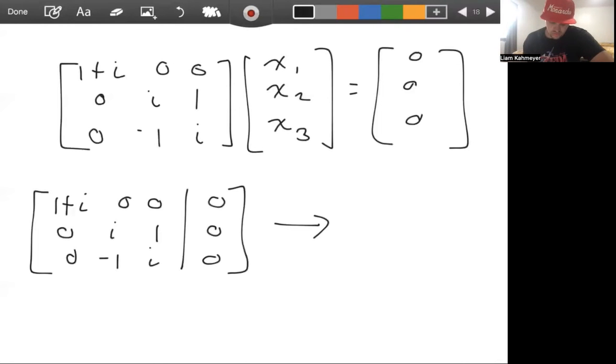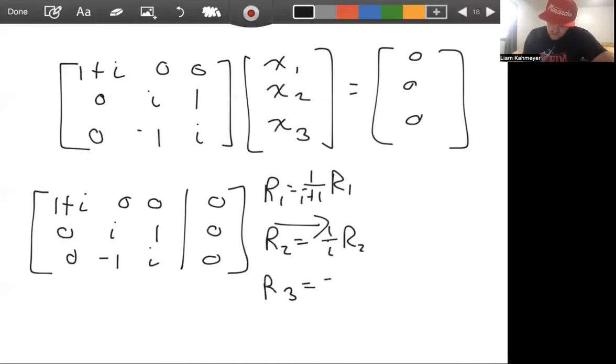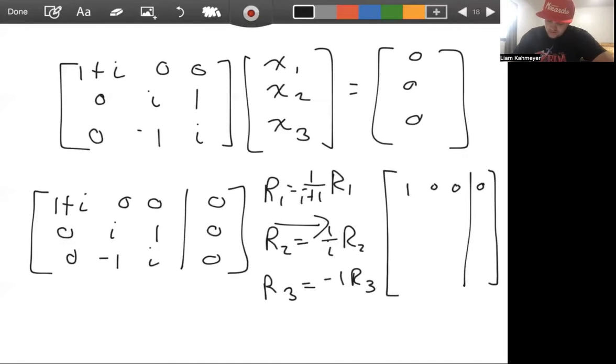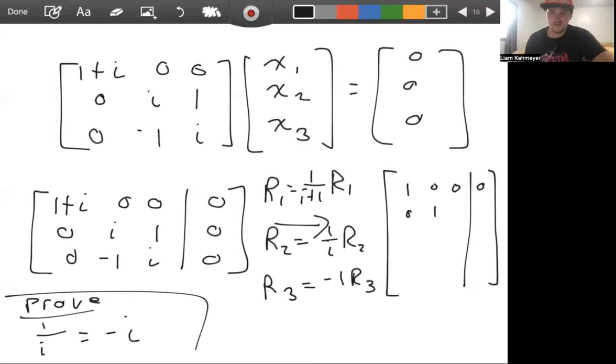The first thing I would do is scale all of the rows so that the diagonal has an entry of 1. So let's say row 1 is replaced by 1 over i plus 1 times row 1, row 2 is replaced by 1 over i times row 2, and row 3 is replaced by negative 1 times row 3. We do all that, we get 1, 0, 0, 0, and then 0, 1, and I want you to verify, prove this: 1 over i equals negative i.